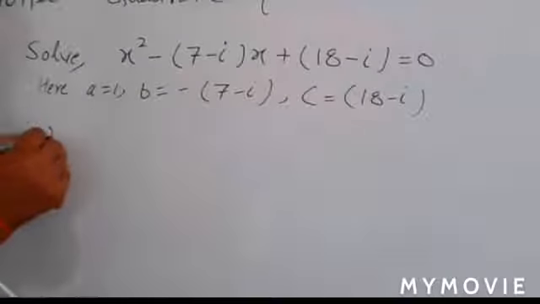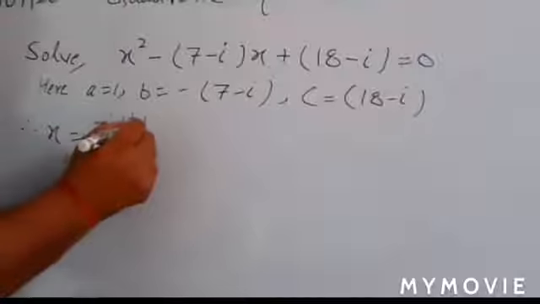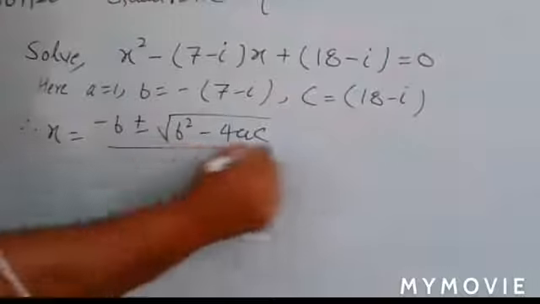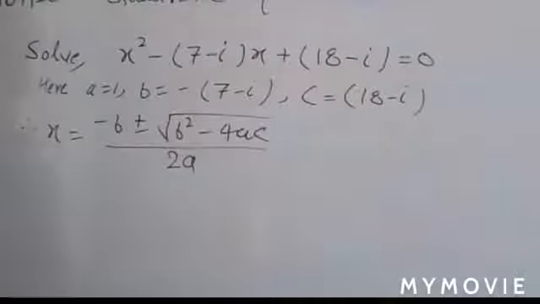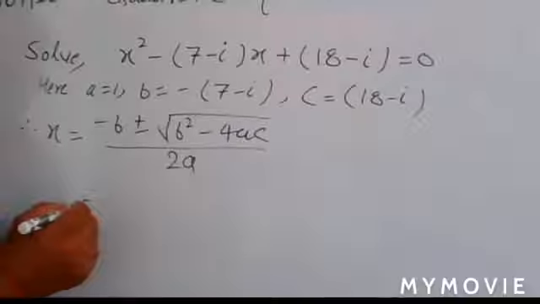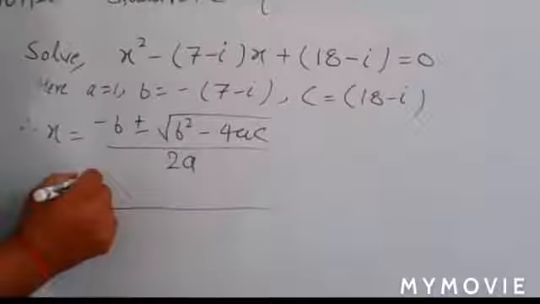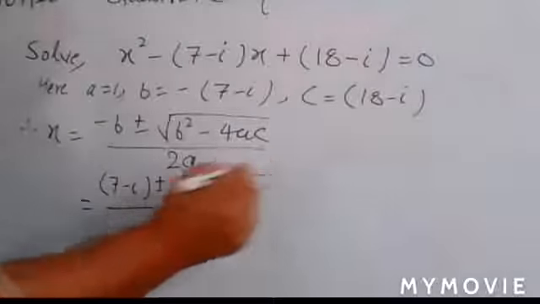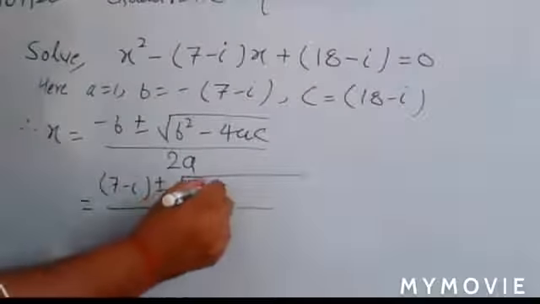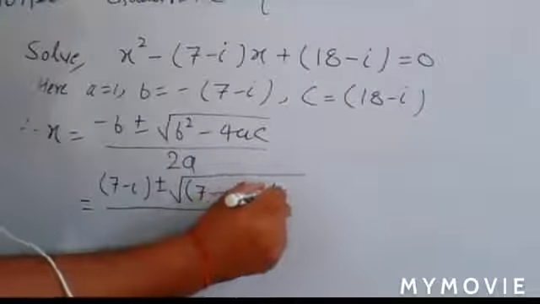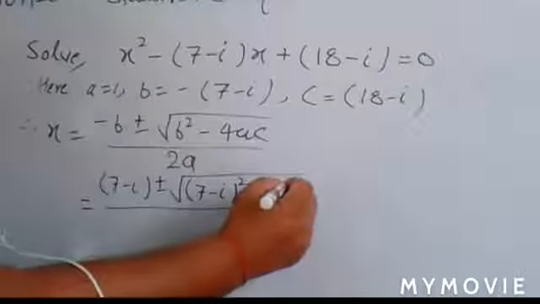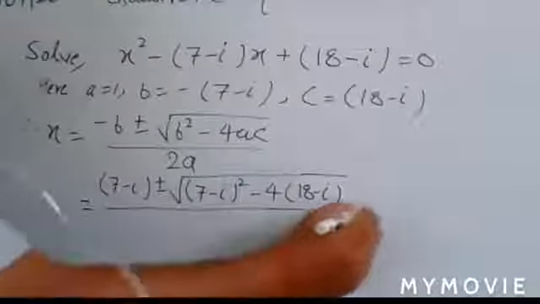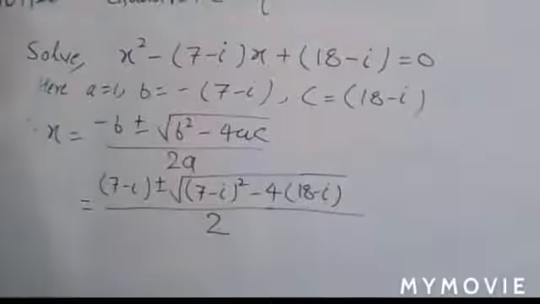Now the value of x is equal to minus b plus minus root of b square minus 4ac, whole divided by 2a. Putting its value, here you have minus b, so 7 minus i plus minus root of 7 minus i whole square minus 4 into 1 into the value of c, 18 minus i, whole divided by 2a, so write here 2.